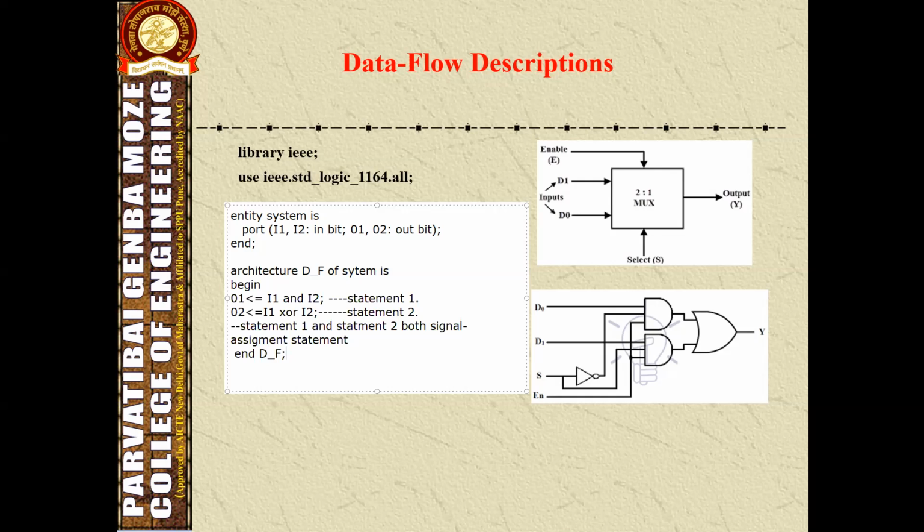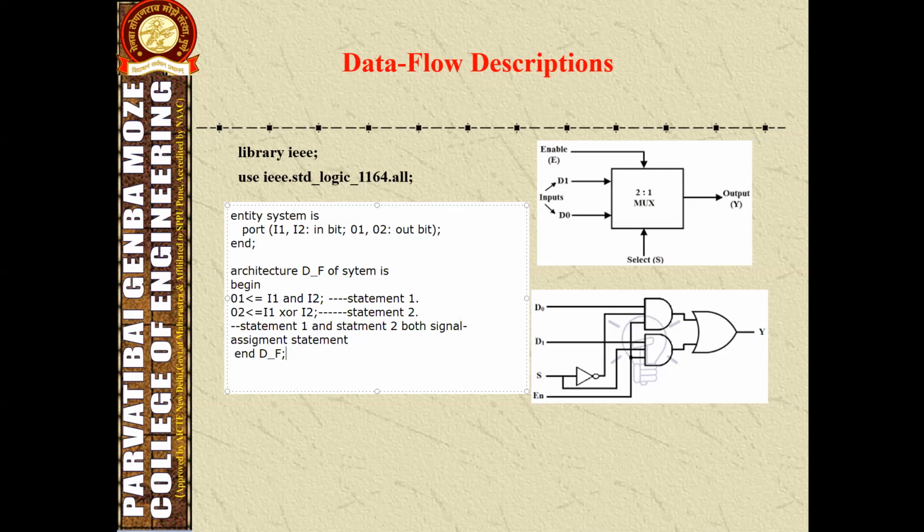We mention it using the predefined word architecture and give it a name. I have given here D underscore F of system, where system is the name of the entity. This name is user defined; whatever name the user gives will not affect the system.